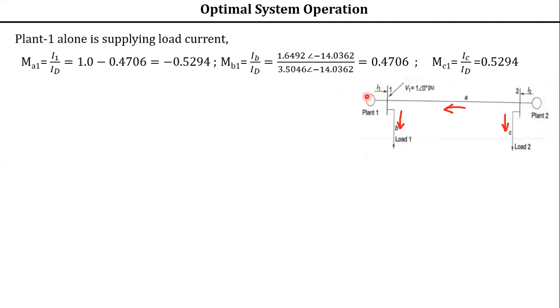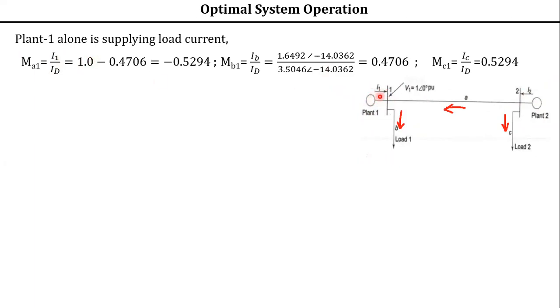So I2 is 0, and I1 is equal to ID. When you substitute I1 as ID, it gets cancelled and the value will be 1.